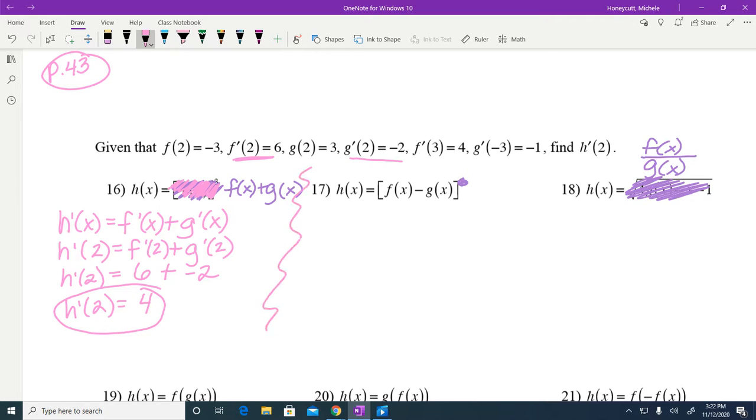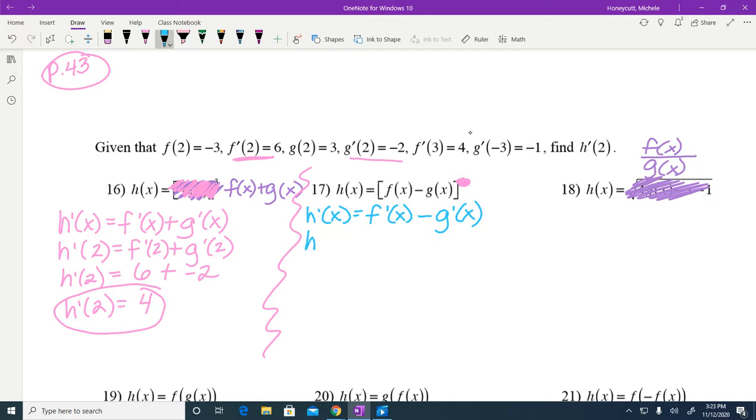Yay. Next question. Take off that exponent. We're not going to raise it to a power. We're just going to do f minus g. If I've got two functions being subtracted, then I'll just find the derivatives of each individual one. So h prime of x would be f prime minus g prime, the derivative of each individual one.